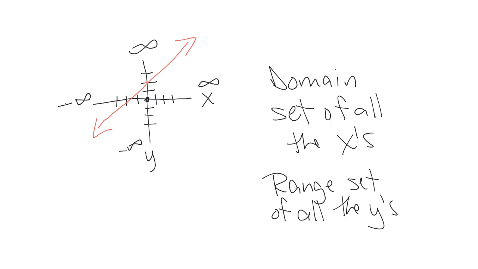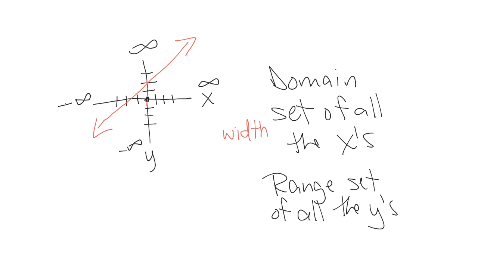Okay, so if we're trying to look at how many x's we're using and which x's we're using, what we're going to think about is the width of this function. Because I can't tell you every single x, right? I'm going to have to use what we call interval notation because I have a dot right here that comes down to 0.